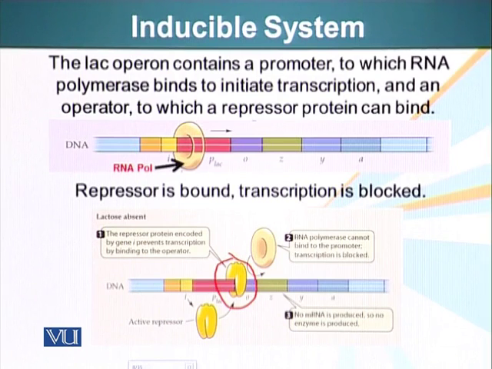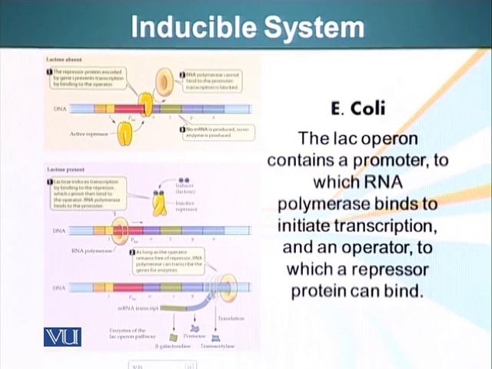When lactose is introduced into the system, lactose binds this repressor. We have already seen how allosteric conformational changes occur in enzymes when we were talking about enzyme regulation. So here the principle is the same. When lactose is present, it changes the conformation of this repressor.